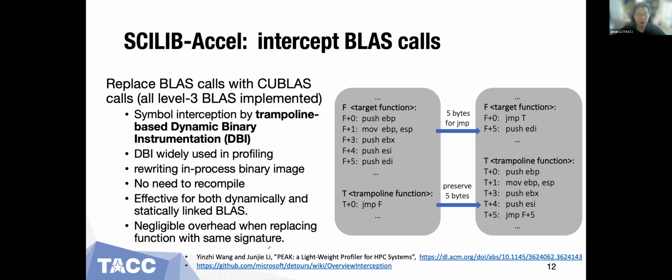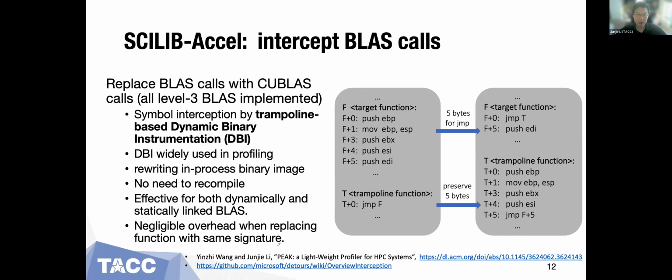If the wrapper had a slightly different signature, we'd have to back up the function arguments from the CPU registers to the memory stack and restore them after we jump back, and that would be very expensive. So it's critical for the target function and the trampoline function to have exactly the same interface. Long story short, we have a very mature technique to intercept function symbols and redirect the execution flow of your application.